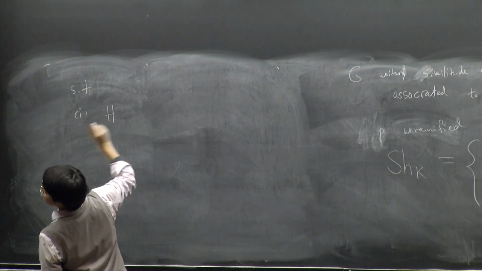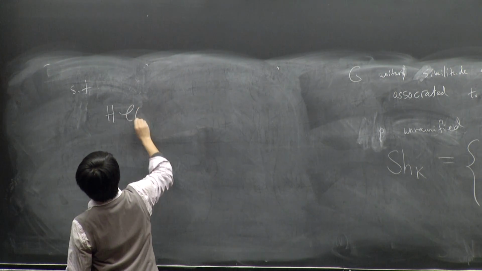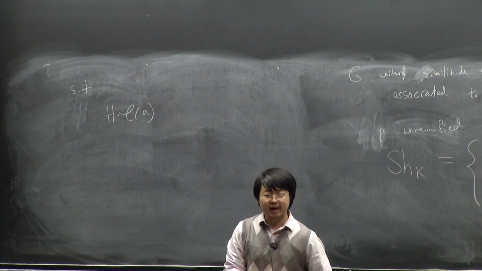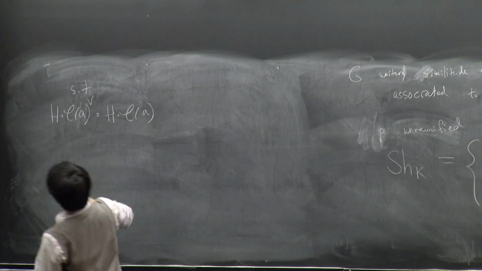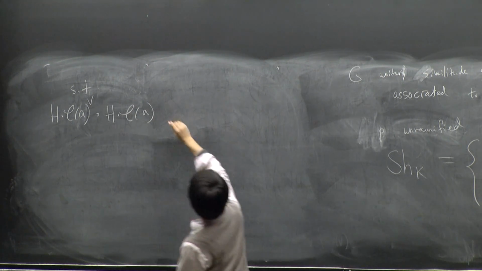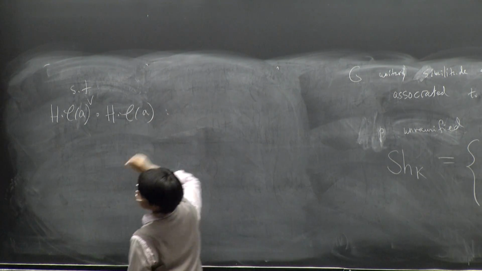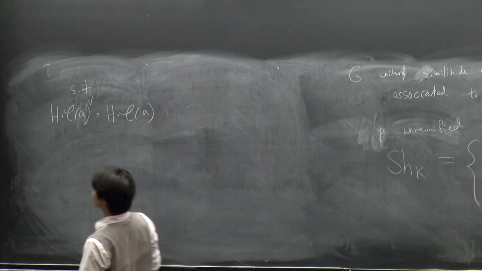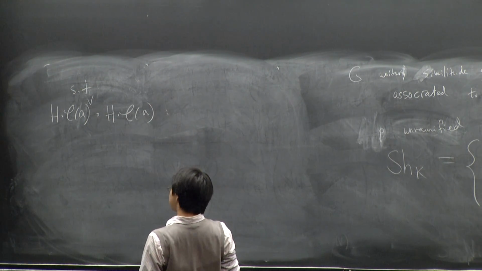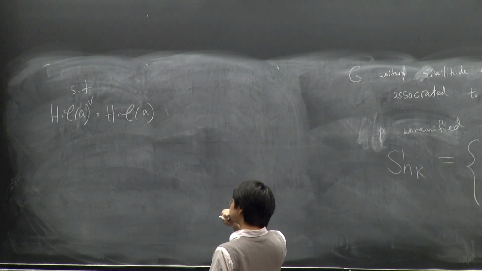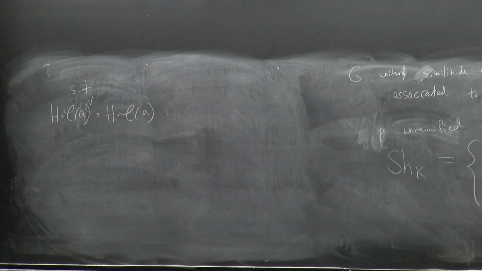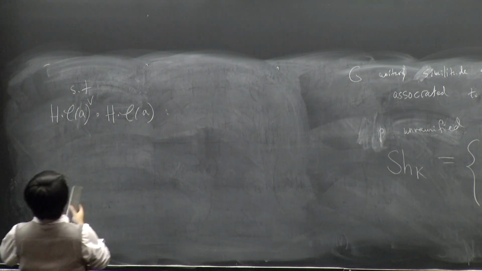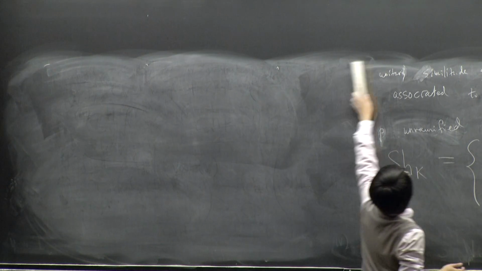One. If you consider this cohomological map and its dual, this is going to be a map from this space to itself. I think that's not the best way to formulate it. Let me reformulate it in this way.